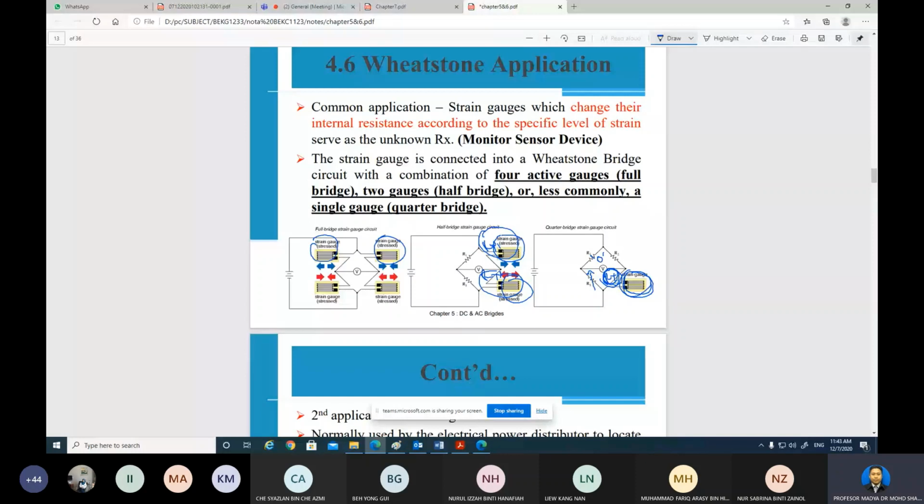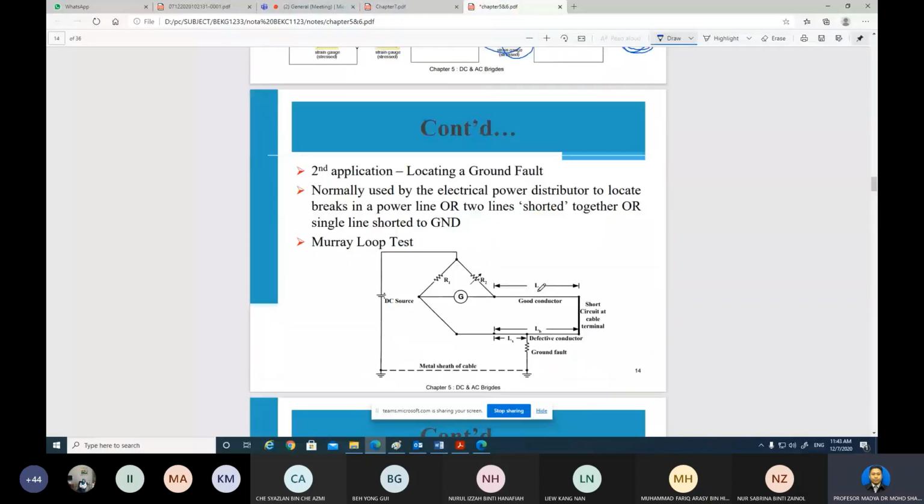And then the second application using the Wheatstone bridge is locating the ground fault. For example, when we build buildings or houses, we have to put in ground faults. With any source, if we have overcurrent or overvoltage, it goes to the ground.